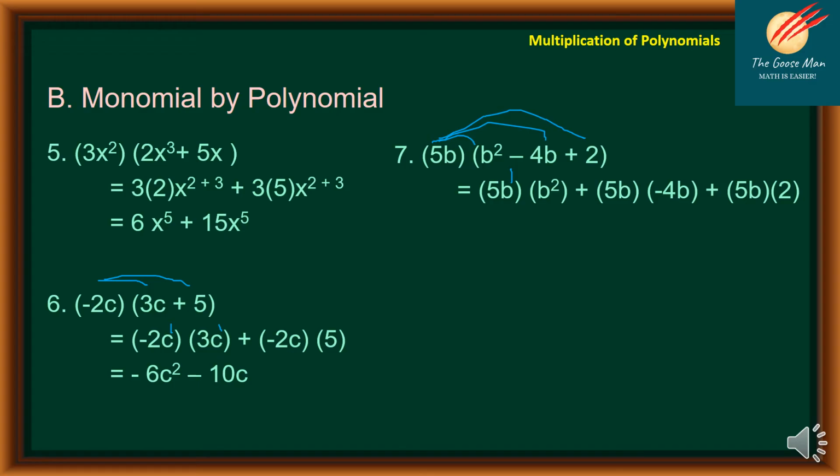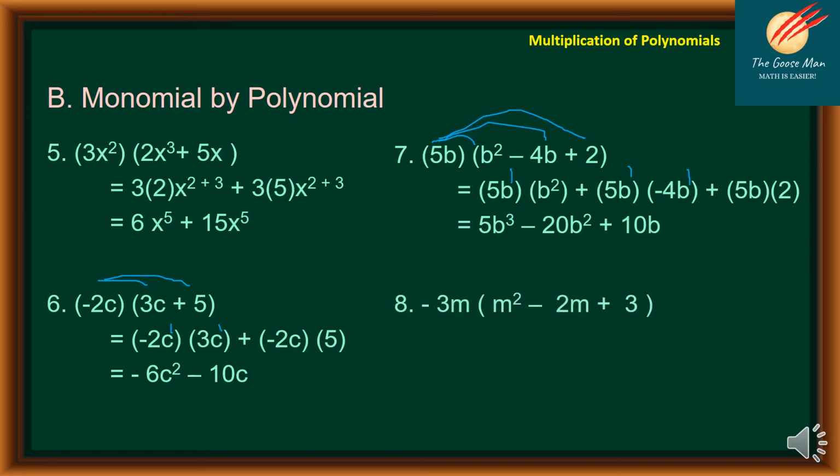So, we have 5b times b, just copy the same base, then add 1 plus 2 is equal to 3. Next, the exponents here are 1 and 1. So multiply positive times negative is negative. So 5 times negative 4 is 20. Then add the exponents 1 plus 1 is equal to 2. Then finally, 5b times 2. So it's 5 times 2 is 10 and copy the b.